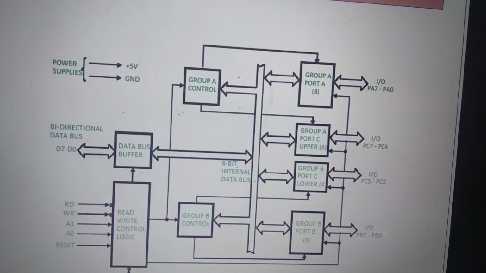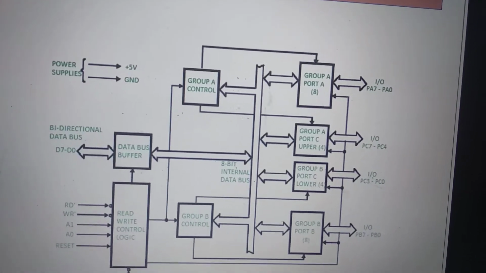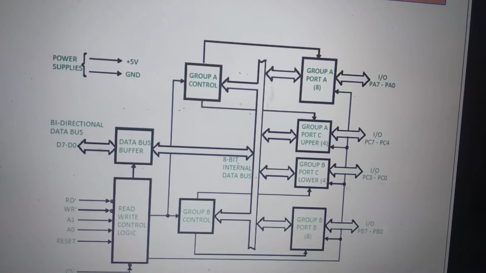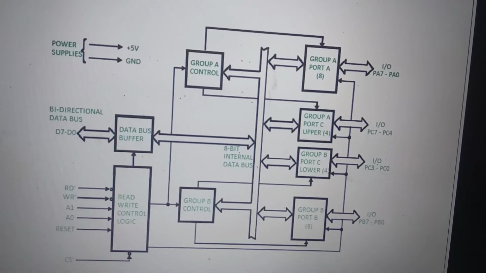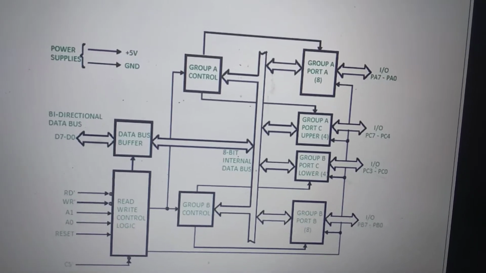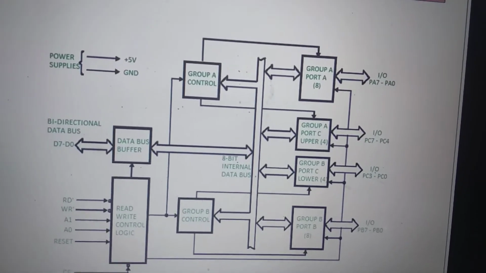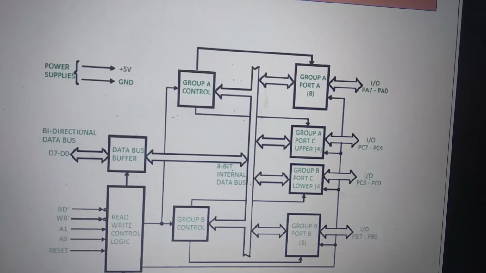By defining some register content, we can define whether it is an input port or an output port for the 8255 peripheral. That's why it is named programmable peripheral interface.